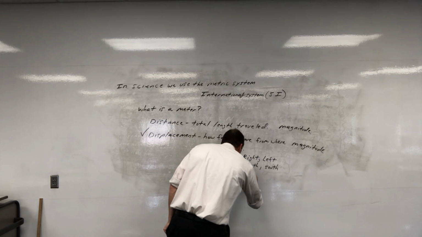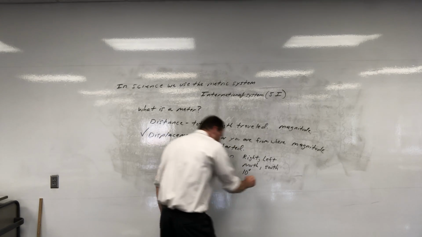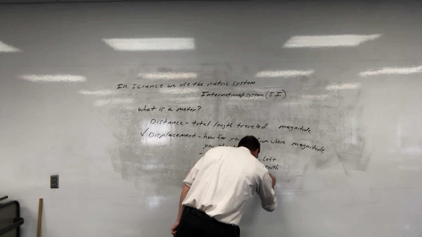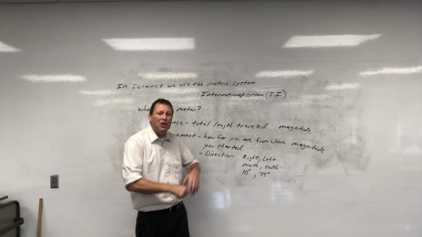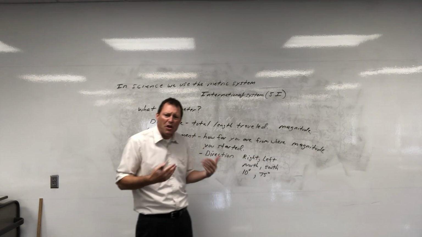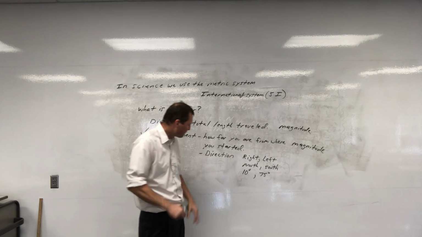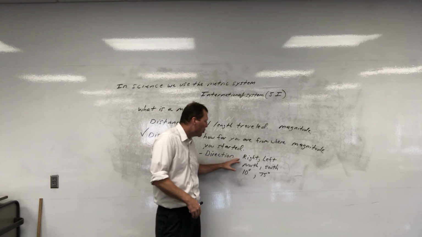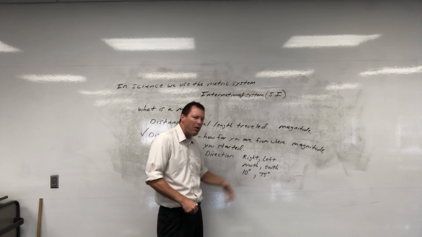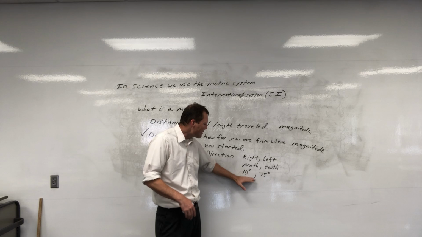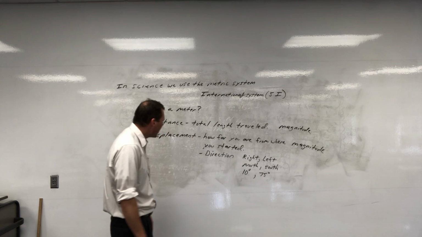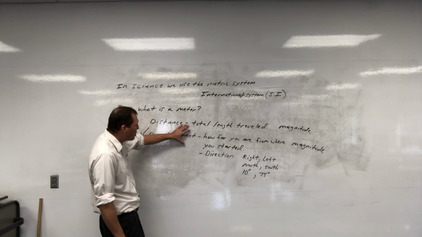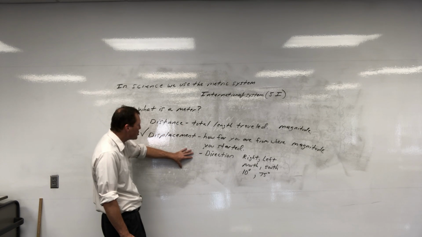So we could use 10 degrees from the horizontal, 75 degrees from the horizontal, and then you could even get into radians too. For the most part, we'll be using right, left, north, south, east, west, and sometimes we'll be using degrees. All right, so those are the major differences between distance and displacement.